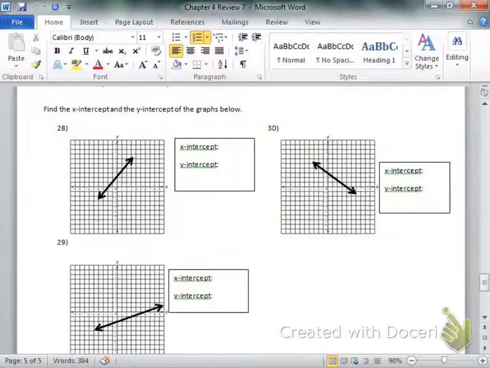Let me go up just a second. Okay, so we are finding the x and y intercepts of each graph. The x-intercept, how do you find the x-intercept? Yeah, that's where it crosses the x. Remember, you have to do a very similar review on your own tomorrow, so it would be in your best interest to make these notes.